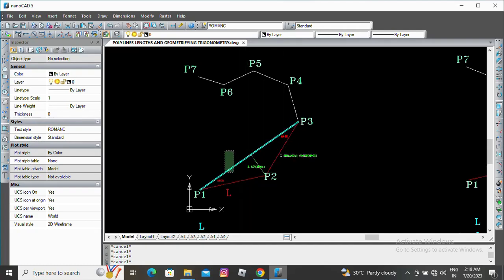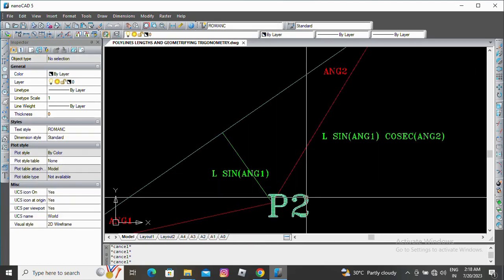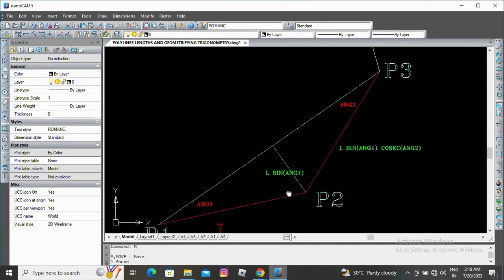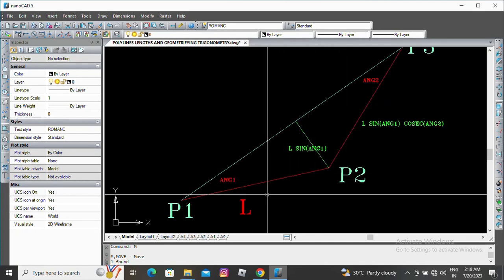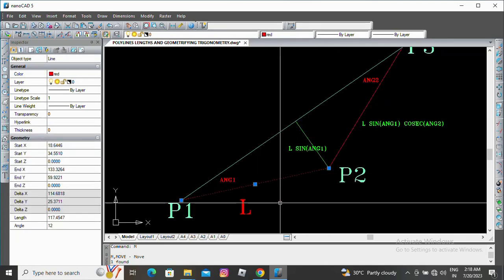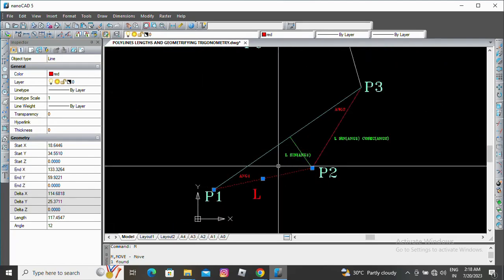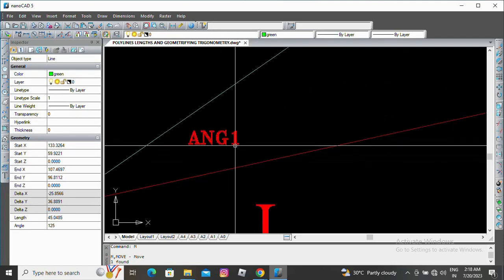We will construct a line segment like this, and then we will take the perpendicular from P2 on this constructed line segment, and then two angles are formed, angle 1 and angle 2. If this is taken, then this given line segment becomes the hypotenuse of this small triangle, and this green line segment becomes the perpendicular because angle 1 is here.